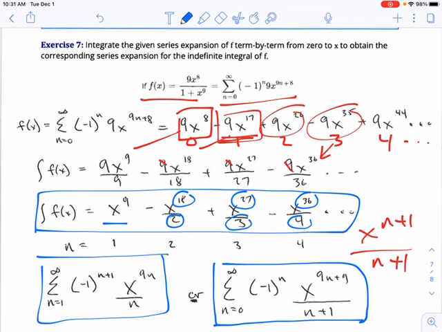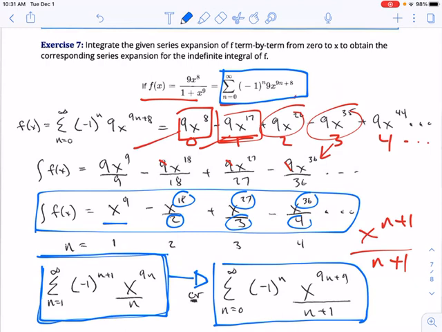And the only reason that I would want to start it at n equals 0 is because the original series started at n equals 0. It was easiest to figure it out starting with n equals 1. But now if you're going to start at n equals 0, you just have to adjust the n's a little bit. So that should be a nice little exercise for you to go through and go from this to this.